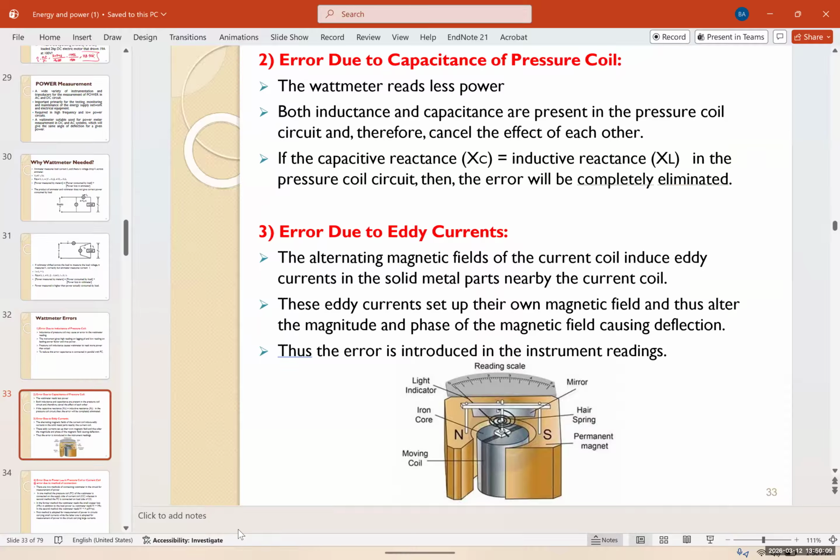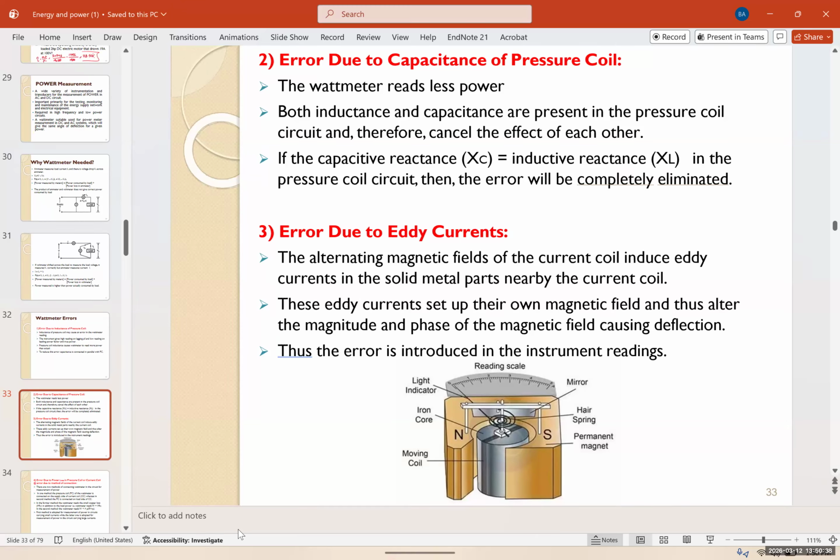Now, another type of error that we have in these coil type galvanometers, voltmeters and wattmeters is the alternating magnetic field, which creates what we call eddy currents. The alternating magnetic field of the current coil induces eddy currents in the solid metal parts nearby the current coil.